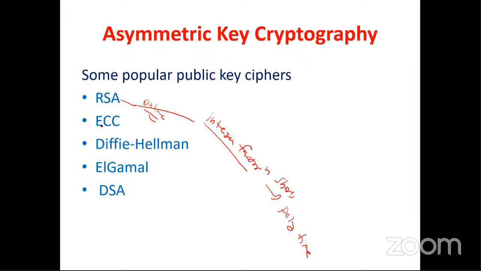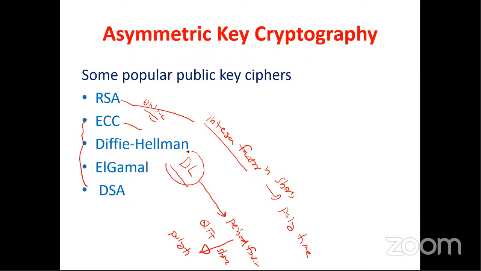There is another algorithm called elliptic curve cryptography. They are based on some other problems, generally on the discrete log problem. That also can be converted into a period finding problem. And this period finding, using quantum Fourier transformation and Shor's algorithm, can be done in polynomial time. These other ciphers are mostly based on discrete log problems.